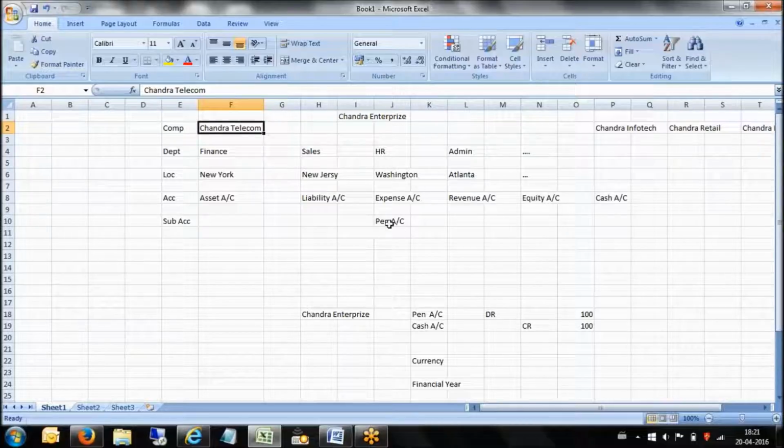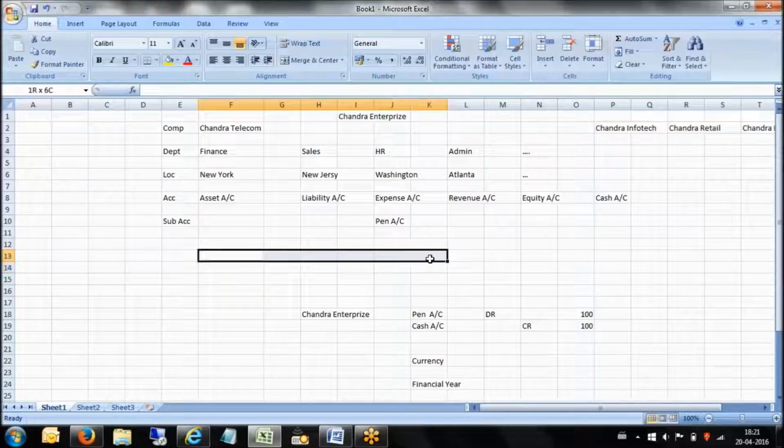So what kind of accounting will it be? Pen falls under stationery. Then it was bought for the New Jersey location. Then it was bought for the admin department, and then finally it comes under Chandra Telecom. So it will be this long string here on the debit side.